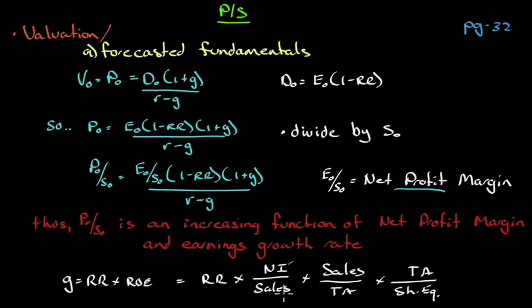Net income over sales, sales over total assets, total assets over shareholder equity. We've decomposed and we can see there's our net profit margin, here's our net income, which is part of G. So a higher justified price to sales ratio is really driven by the net profit margin because that's an element, but net profit margin also drives G. So we can start to see how critical that net profit margin is in the price to sales ratio.